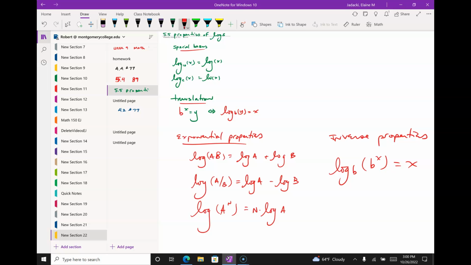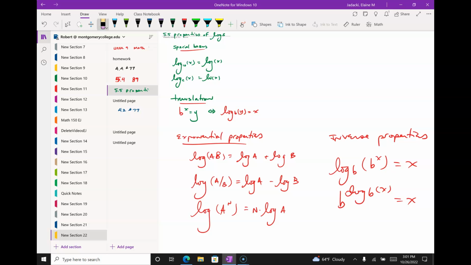When I compose a function with its inverse, everything falls away and I just get x left. So same thing, b to the log base b of x is also x. When I compose a log function base b with an exponential function base b, everything falls away.